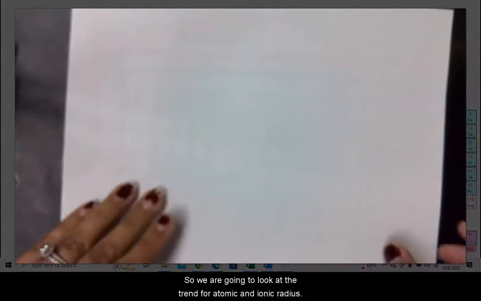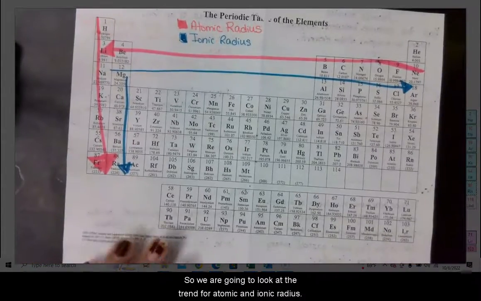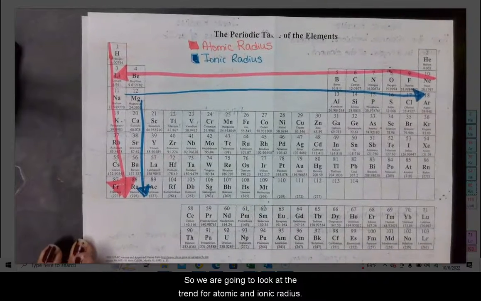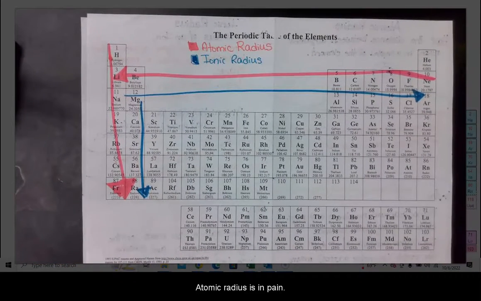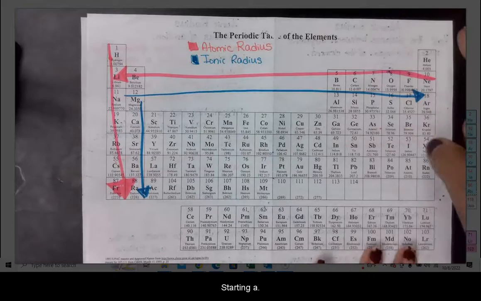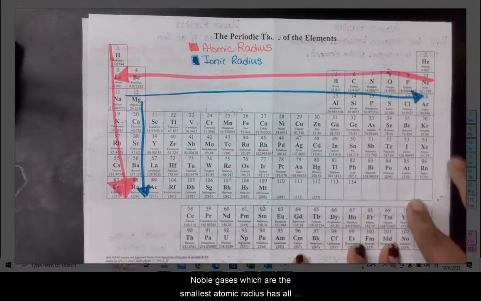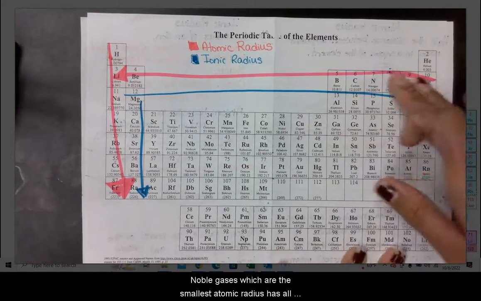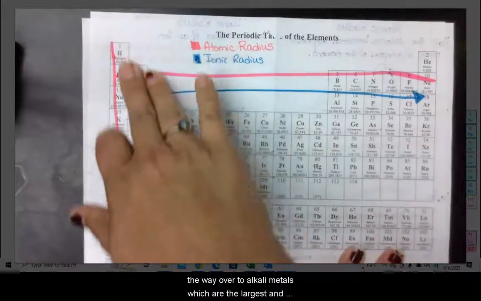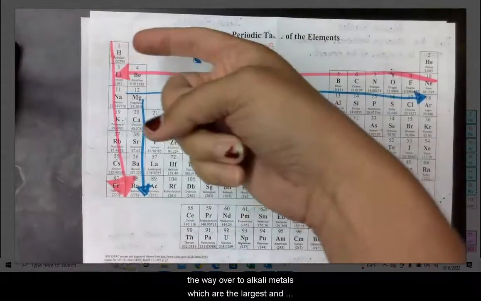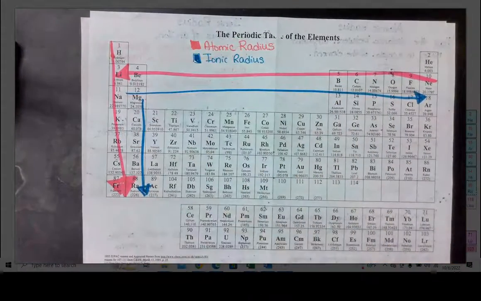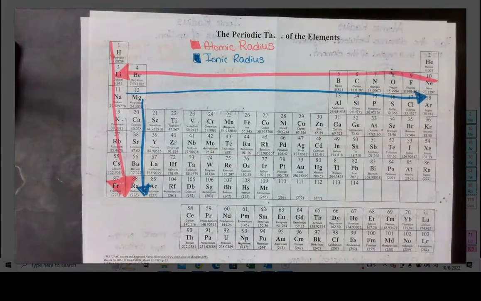So we are going to look at the trends for atomic and ionic radius. Atomic radius is in pink, ionic radius is in blue. The atomic radius increases starting at noble gases, which have the smallest atomic radii, all the way over to alkali metals, which are the largest, and it increases down columns or down families.